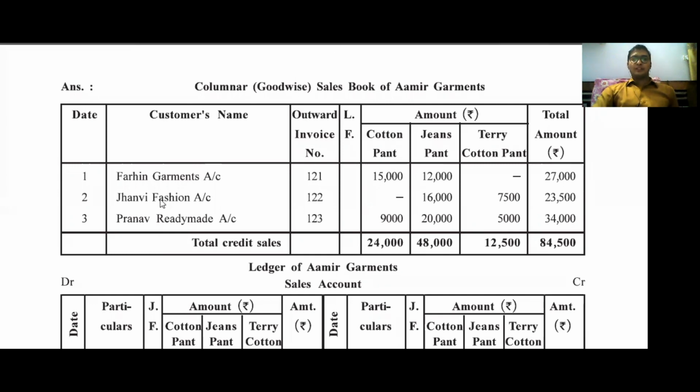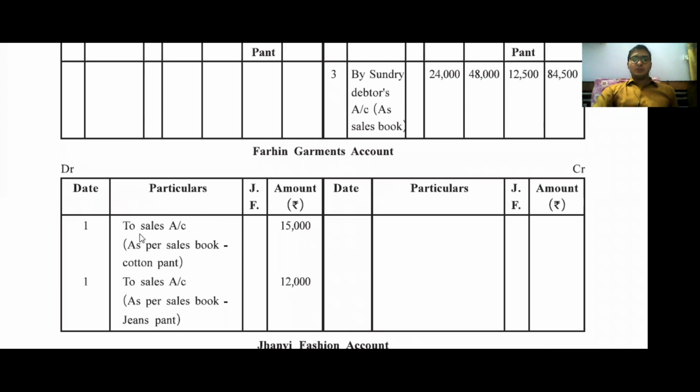So in Farhin Garments, on the debit side, 15,000 as well as 12,000. We have to write two sales entries, because there are two different types of goods. In brackets we can write cotton pant as well as jeans pant. This bracket is not mandatory for these types of goods.